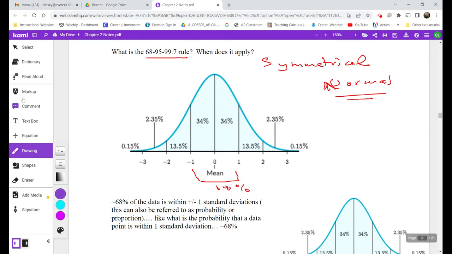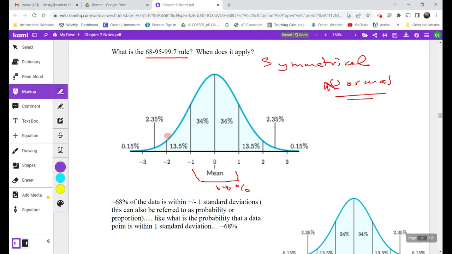If I go to my highlighter, if I add these 4 data points up right here, so 13.5 plus 34 plus 34 plus 13.5, I get 95%.